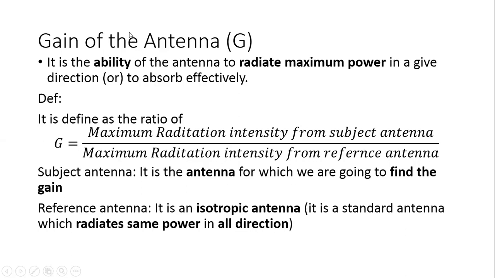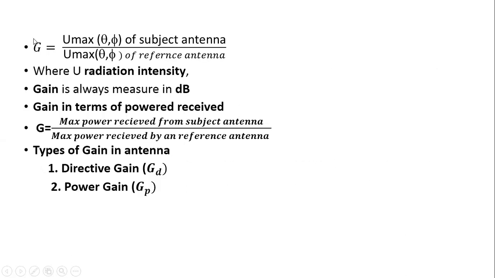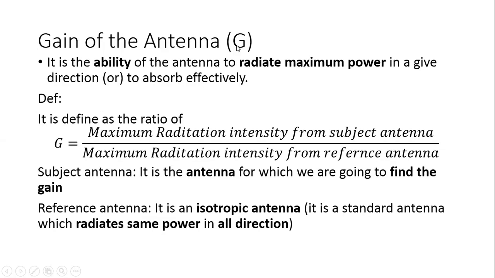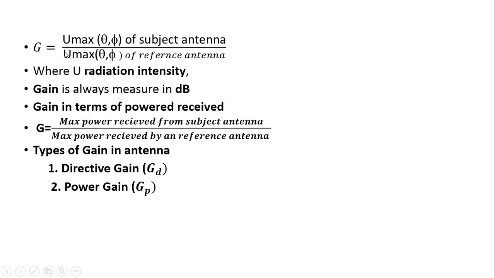So the gain of an antenna can be found using this formula: maximum radiation intensity from a subject antenna to maximum radiation intensity from a reference antenna. This can also be represented as, gain is written as G. So G is equal to U, the maximum radiation intensity from a subject antenna.